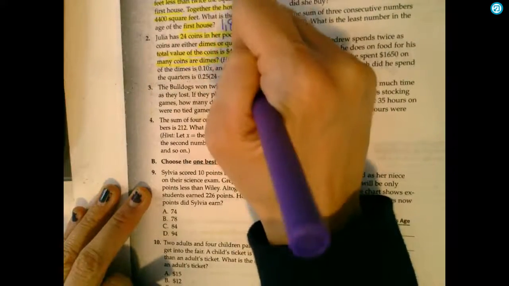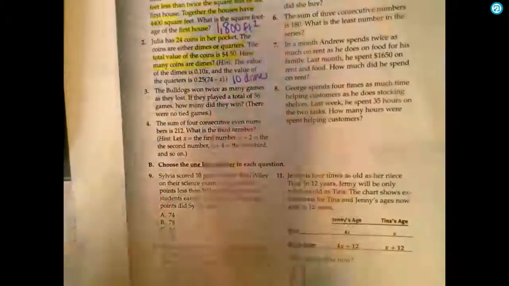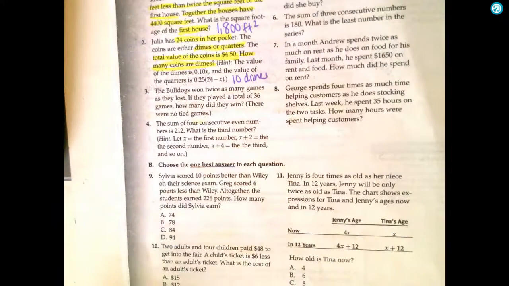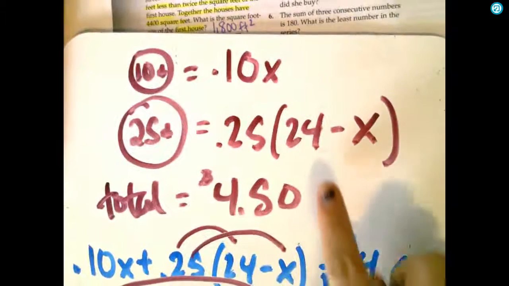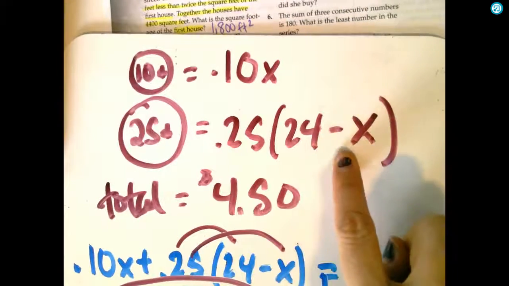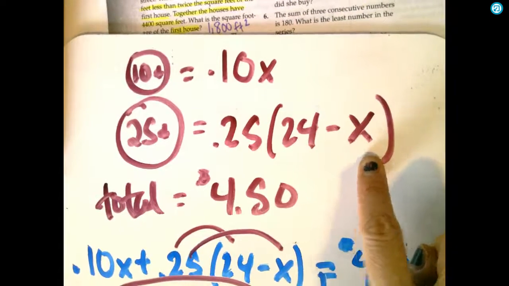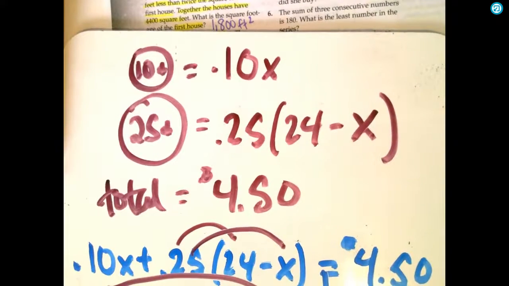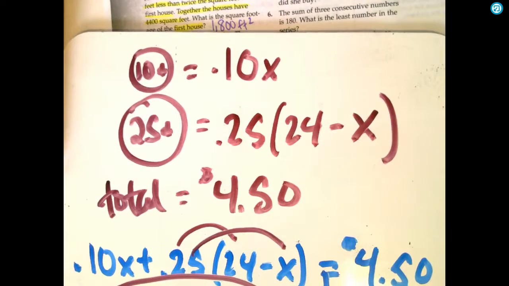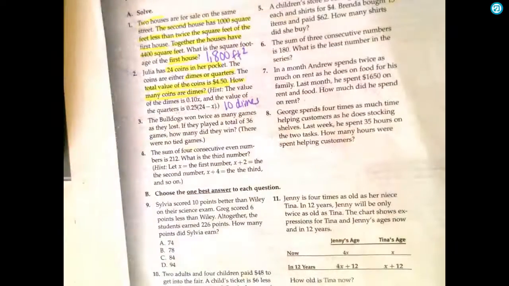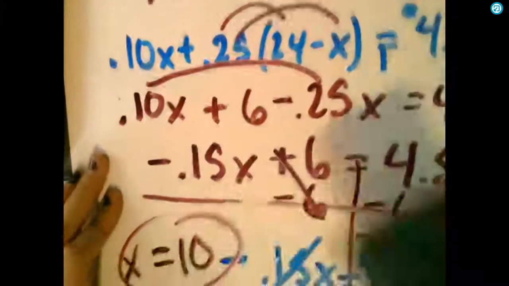There are 10 dimes. If they wanted to know how many quarters, we would just do 24 minus 10, because there was a total of 24 coins. So 24 minus, we know x is 10, 14 quarters. 14 quarters and 10 dimes. That was a tricky one. It took the entire board.